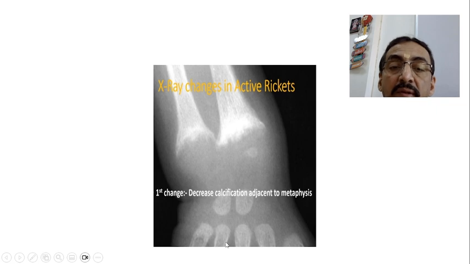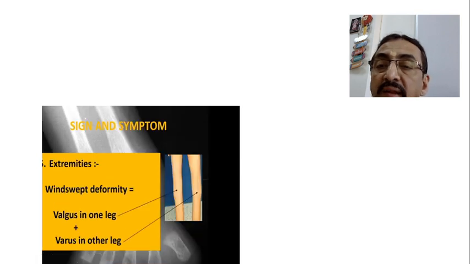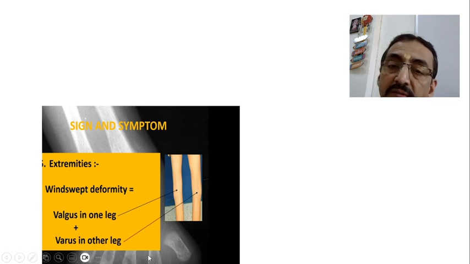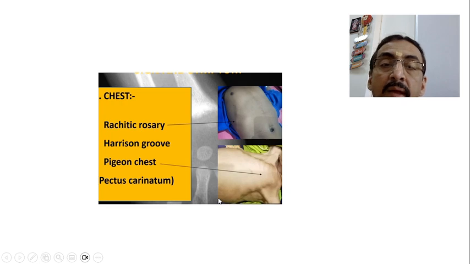Now this is the decreased calcification adjacent to the metaphysis, and these are some of the signs and symptoms. Windswept deformity, which we have already seen: on one side there is valgus, on the other side there is varus. In the chest, as we already know, this is the rachitic rosary.